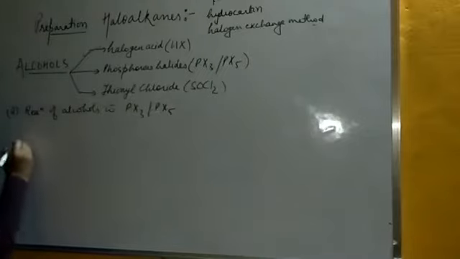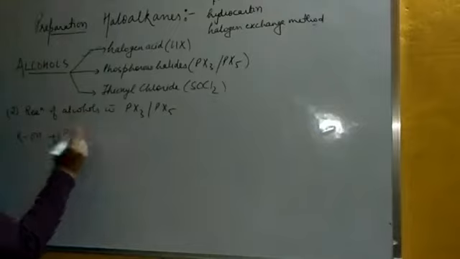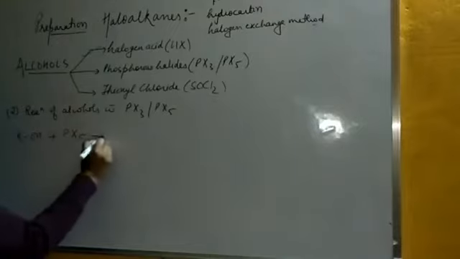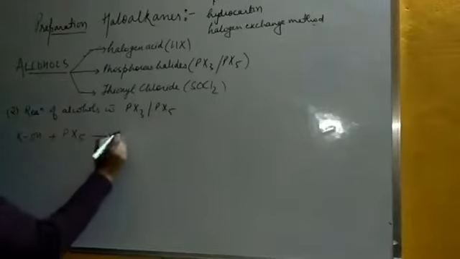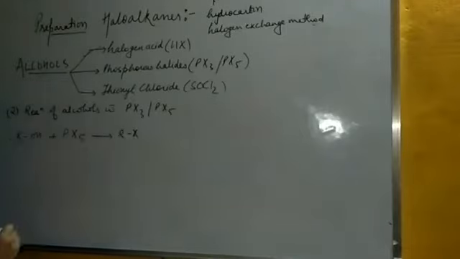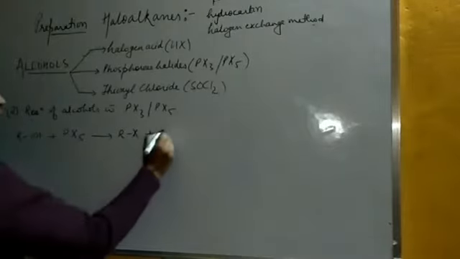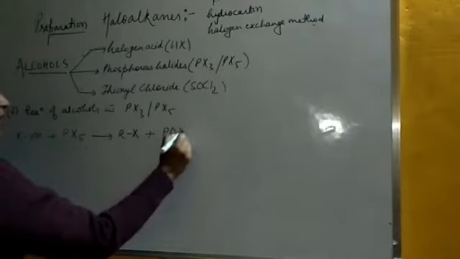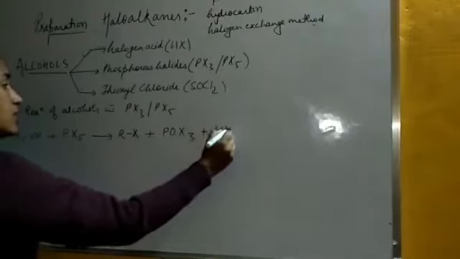We will first do the reaction with PX5, phosphorus pentahalide. Here the alkyl group will react with the halogen and form haloalkane. Along with that, we will get POX3 plus HX formed.